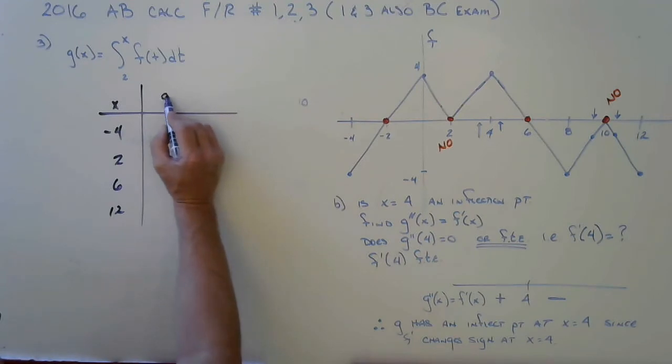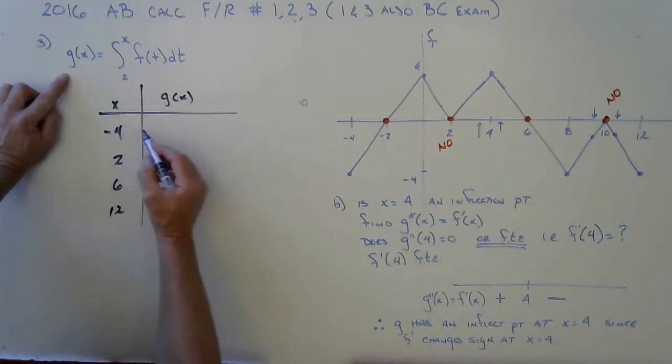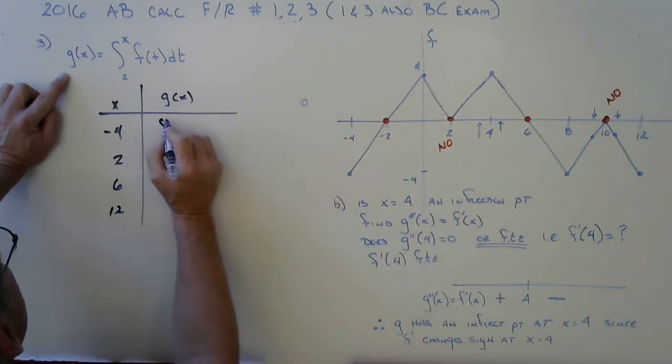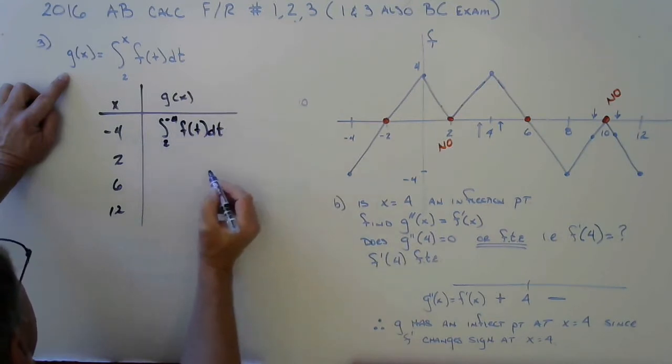Now what do we do over there? We have to find g of x for each of these, right? Now how are we going to do that? Well, we're going to use this, right? So this is going to be the integral from 2 to -4 of f of t dt.